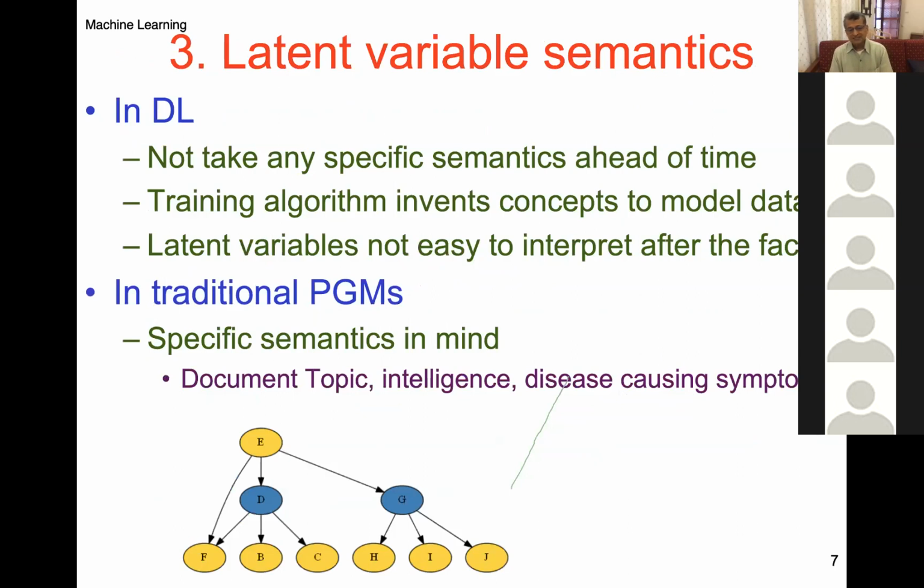So where do latent variables come from? In deep learning, we architect it and we say we don't have any specific semantics ahead of time. What do those latent variables mean? The training algorithm invents concepts to model the data.